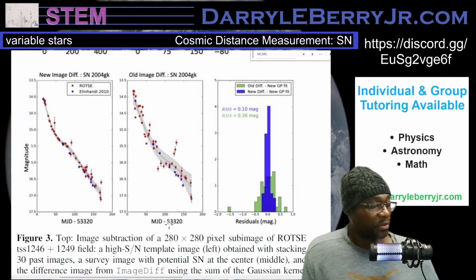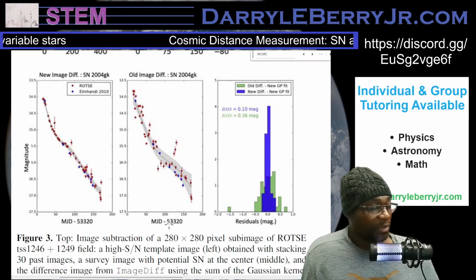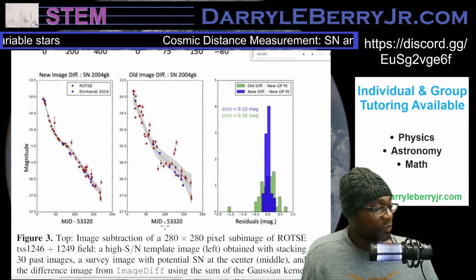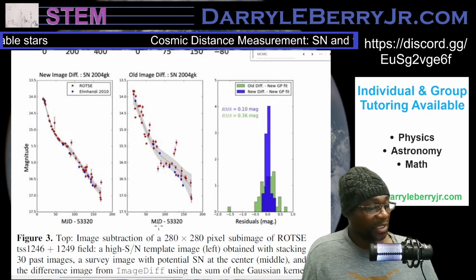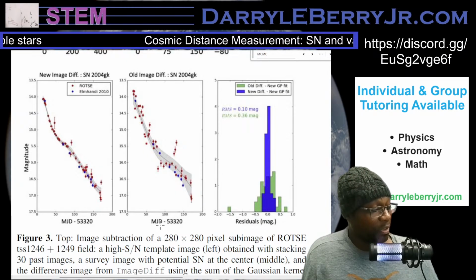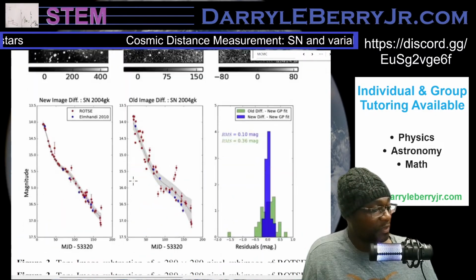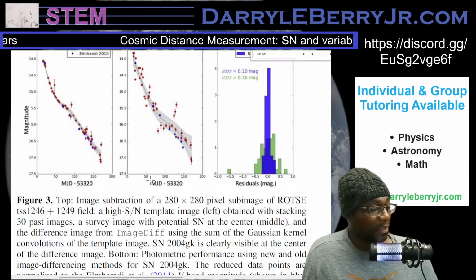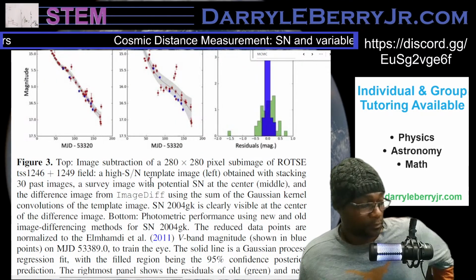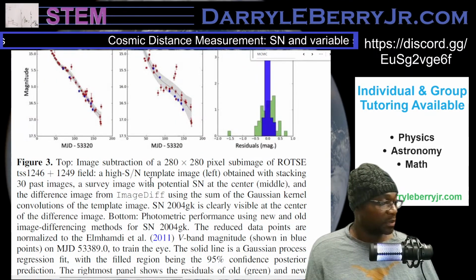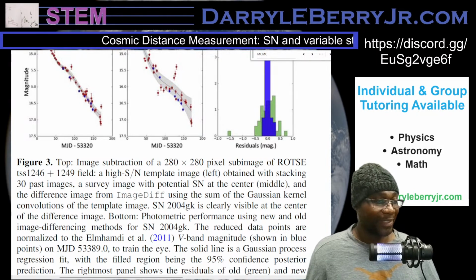Top, image subtraction of a 280 by 280 pixel sub-image of ROTSE TSS 1246 plus 1249 field. A high supernova template image left obtained with stacking 30 past images. A survey image with potential supernova. So this is a stack of images, right? The middle, a survey image with potential supernova at the center.